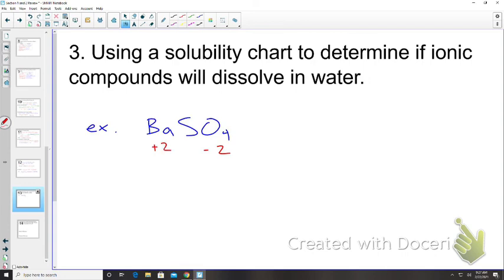So then you would find your sulfate ion at the top, right here. I see that most is soluble. So if it's not on this list, it's going to be aqueous, but then I'm going to continue down, and I see the barium +2 cation is on the low solubility list. So that means this is a solid, or a precipitate will form, okay? So make sure you guys are able to use your solubility table. The majority of you guys did really good with that on that quiz that you wrote before you left. Okay, so make sure you can use that.